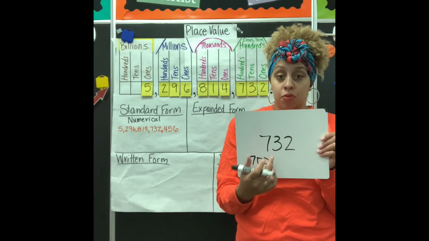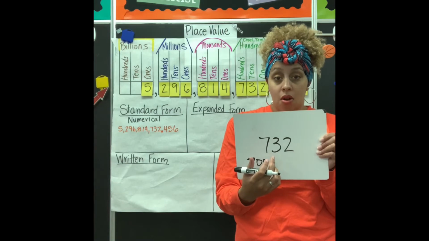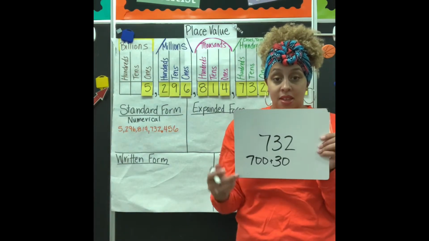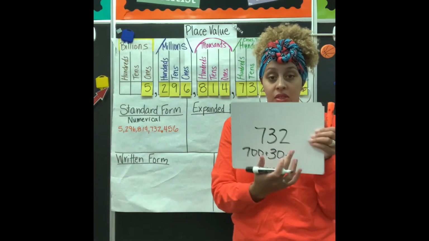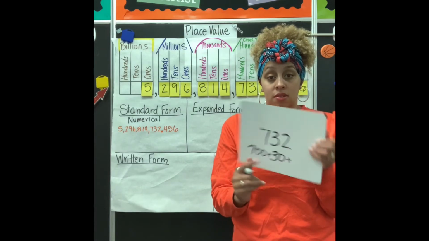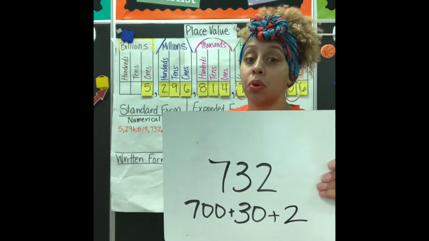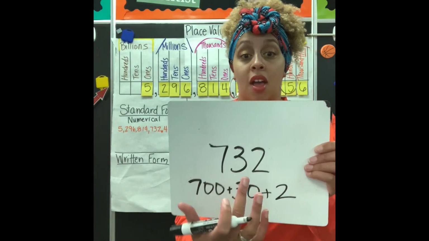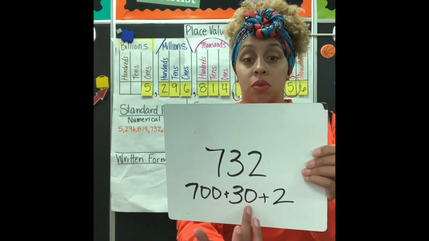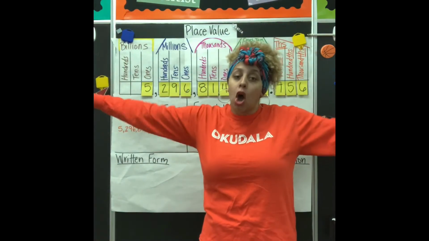Well, how much is the 3 worth? What is the value of its place? Is it just a 3? No, it's 30 because it's in the tens place. And then you would add the last one, which is 2. Is it just a 2? Yes, because it is in the ones place. So you remember expanded form, you are just taking the value and you're putting zeros, as opposed to putting the 3 in the tens place and the 2 in the ones place. You're breaking it all apart and you're expanding it. You're stretching it all the way out.